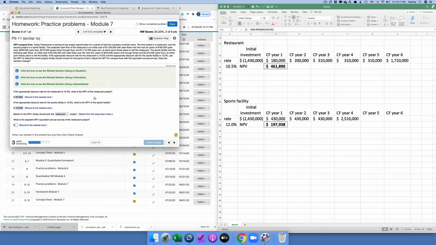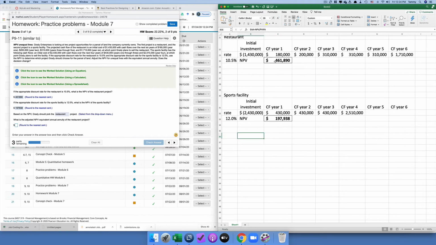Okay, now the next part says adjust the net present value for unequal lives with the equivalent annual annuity. So what I'm going to do is pause this, write the annuity formula over in the Excel spreadsheet, and then I'll talk you through it.